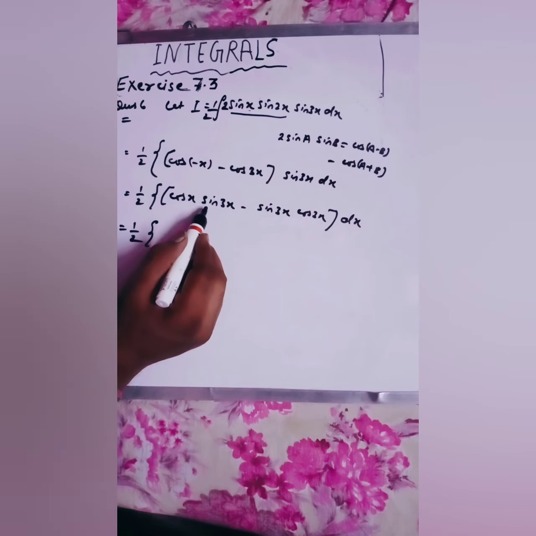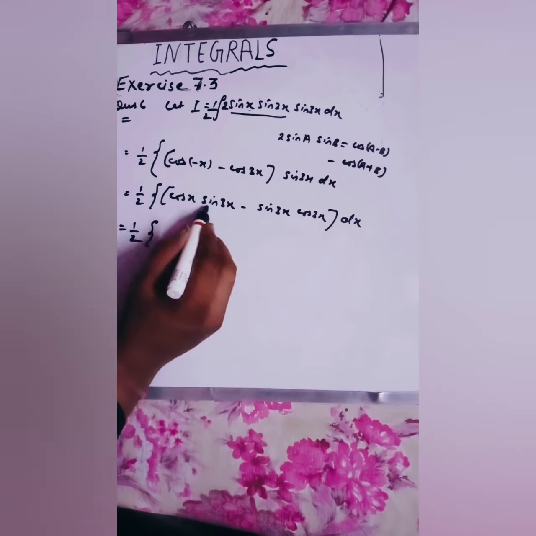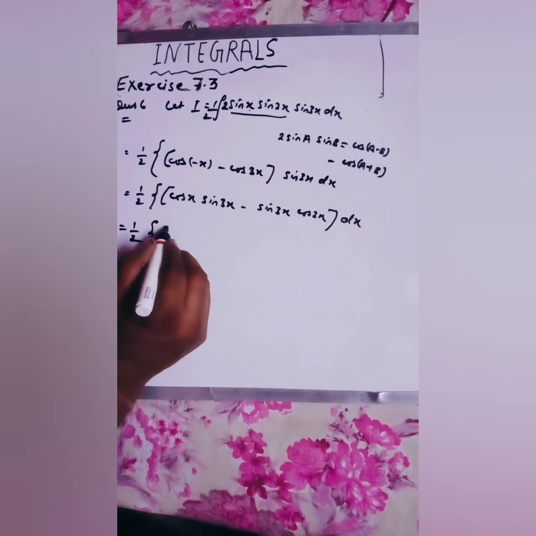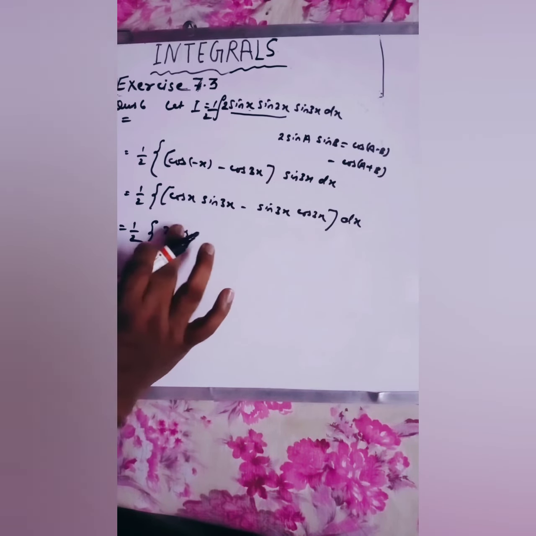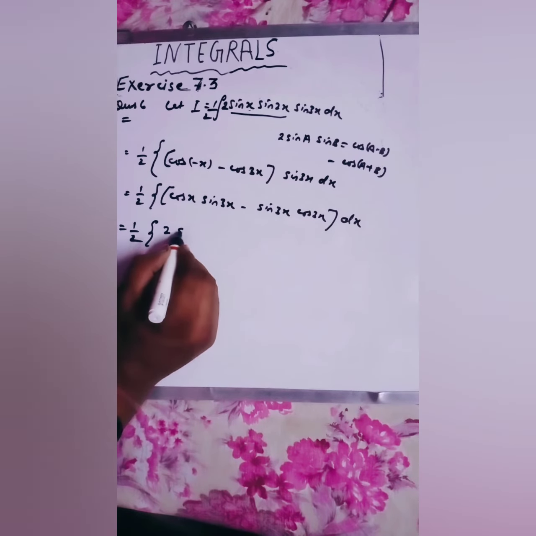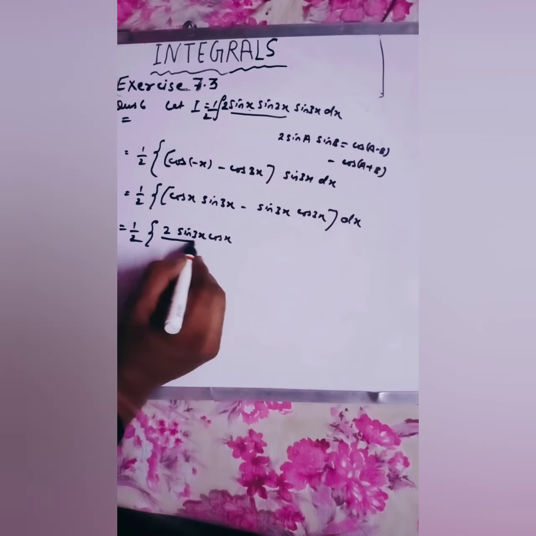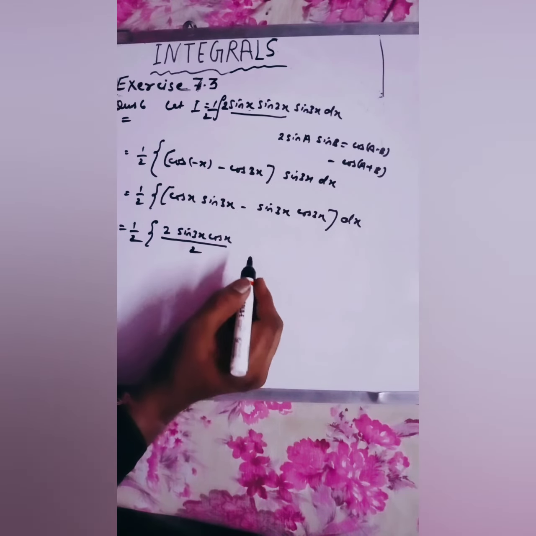See, here again you have to apply the formula. In this term you have to multiply by 2. I'm writing sine 3x first, 2 sine 3x cos x, and I'm dividing this by 2 also.